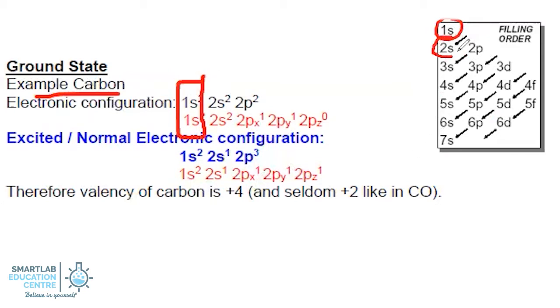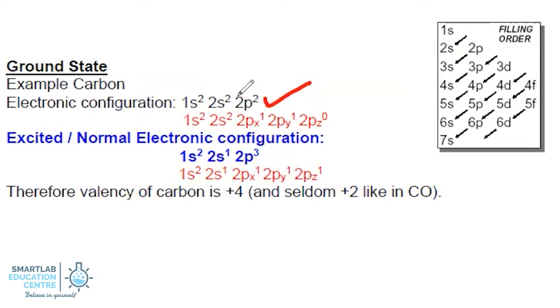Then we fill up the next subshell, which is your 2s. Again, your 2s can hold 2 electrons. That will be 2s2. And finally, the final 2 electrons will go to 2p. So the electronic configuration that we're writing will be 1s2, 2s2, and 2p2.